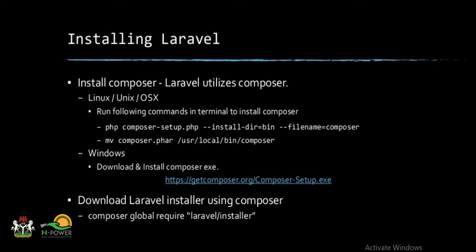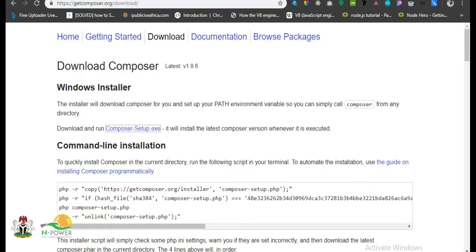Now, after the completion of the installing process, let's check to verify if Composer has been installed on our system. Now, to verify if Composer has been successfully installed on our system, let's open our command prompt.